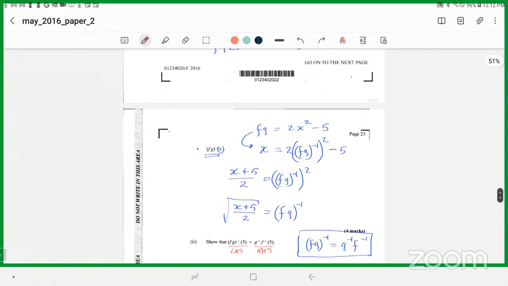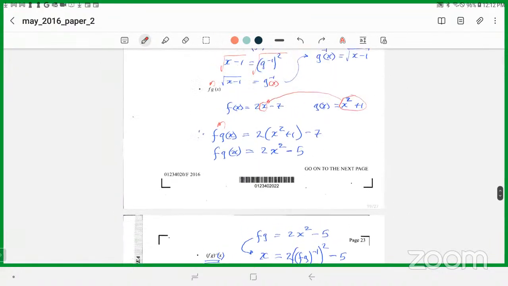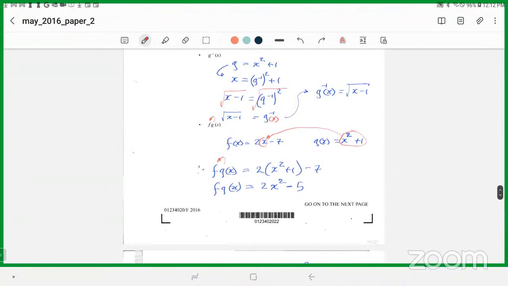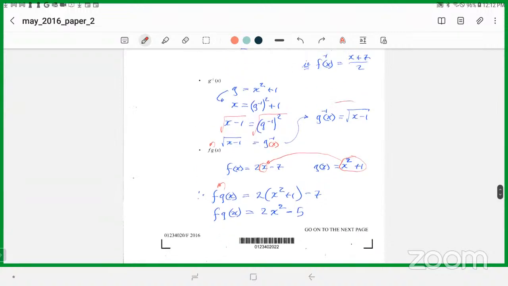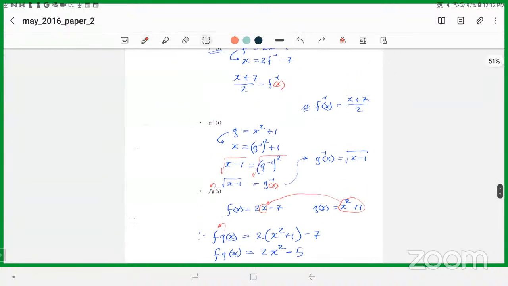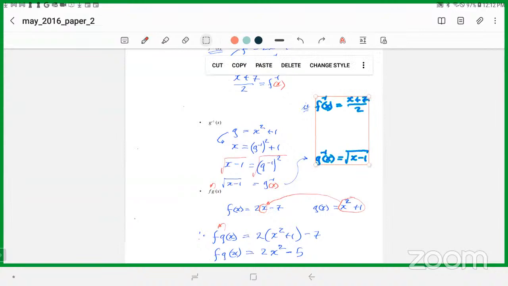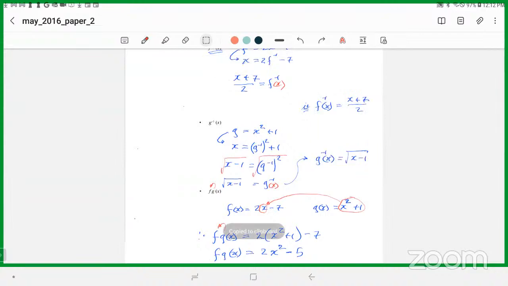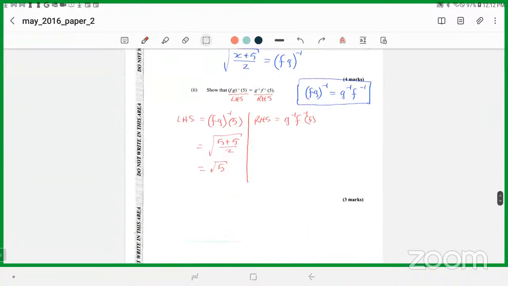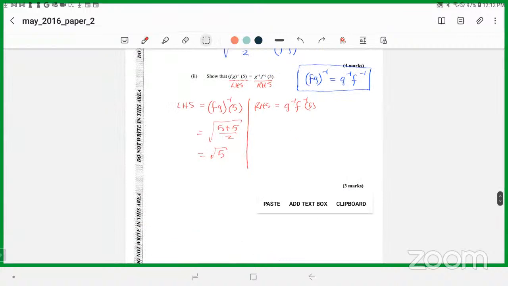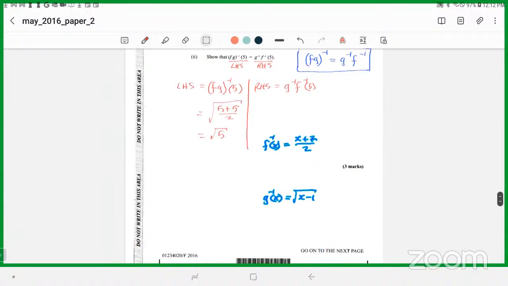Let me copy them down here again, g to the minus 1 and f to the minus 1, so they're in line of sight, because we're going to be using them.